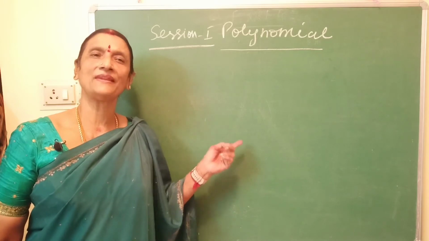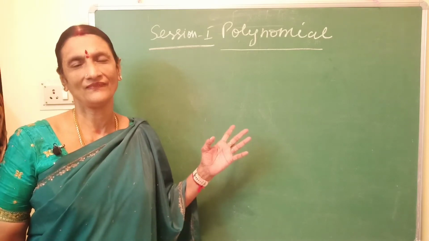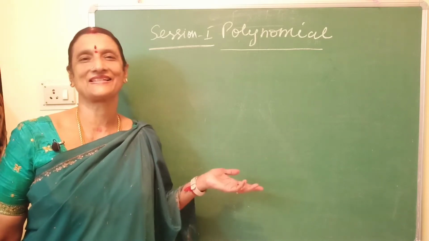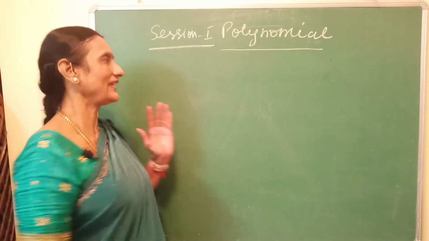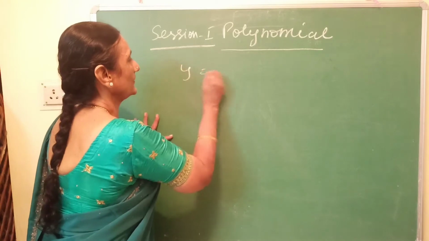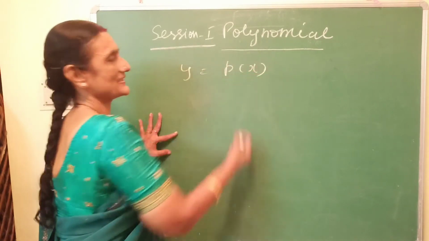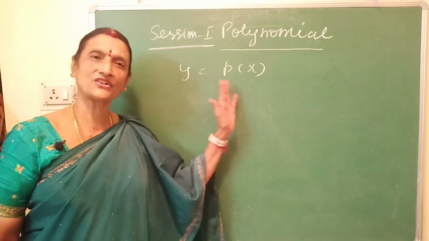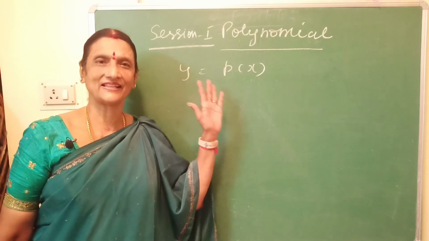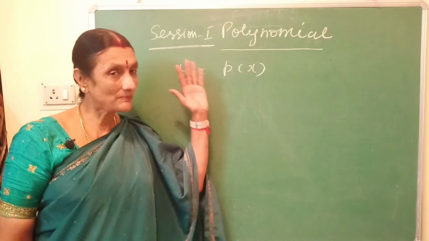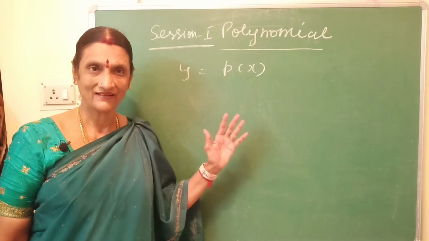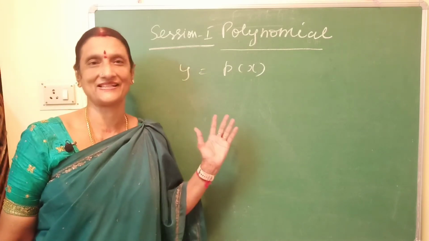A polynomial in x and y gives a correspondence between x and y. So always we write that y is equal to p of x, which denotes a relationship between x and y. We can understand like that. And this polynomial in x has certain features.